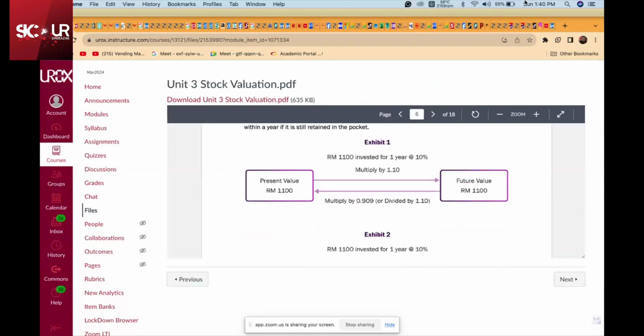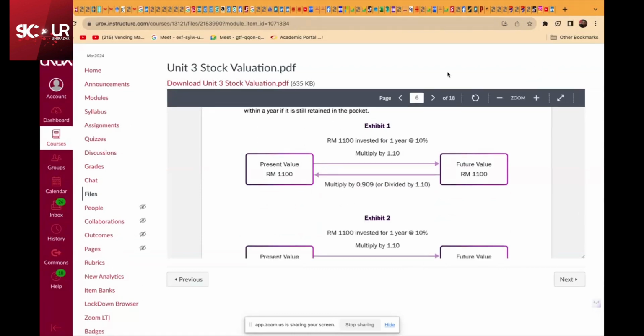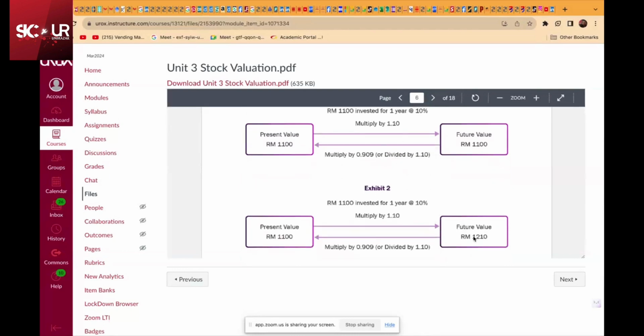So here is an example where 1100 invested for 1 year at 10% will become, when we multiply 1100 by 1.1, 1210.